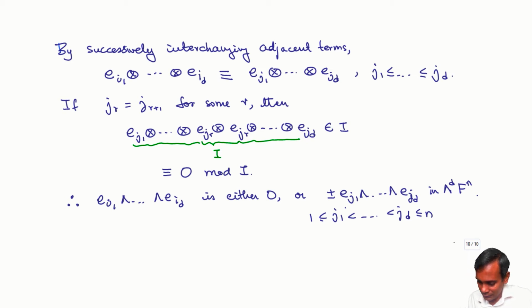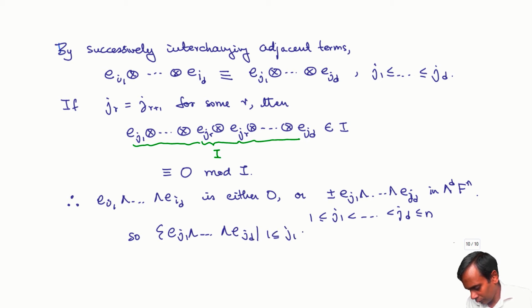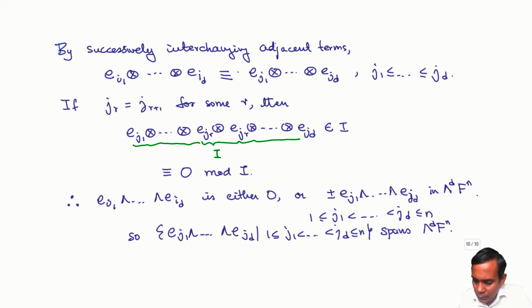So E_J1 wedge E_JD spans wedge D F^n. Here this should be a plus or minus E_J1 wedge E_JD, because each time you interchange two consecutive tensors, the sign flips.